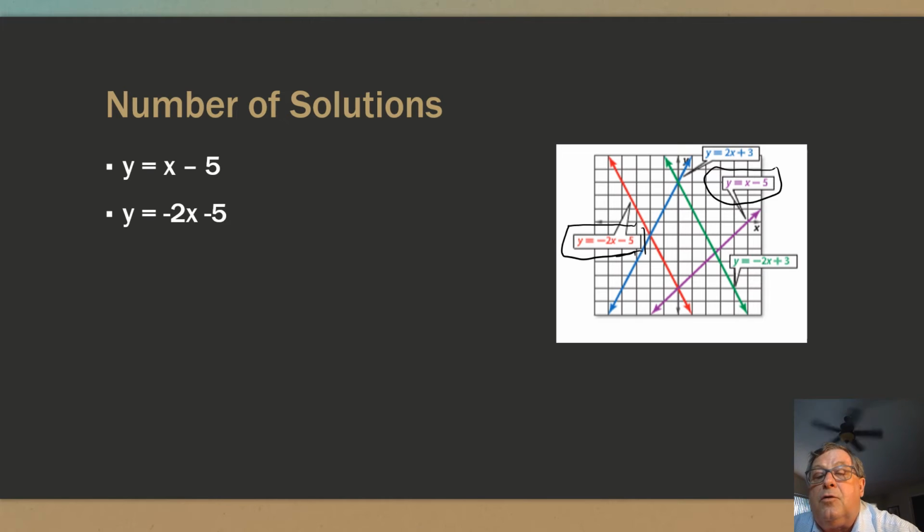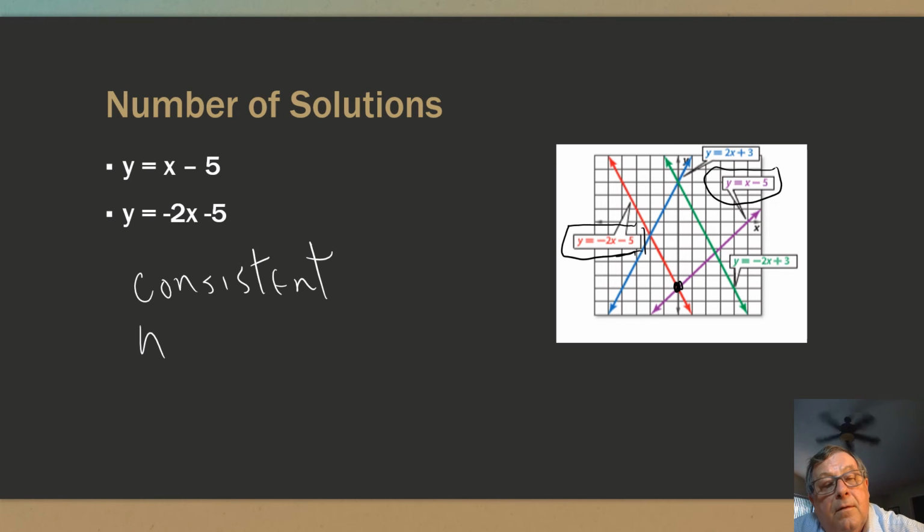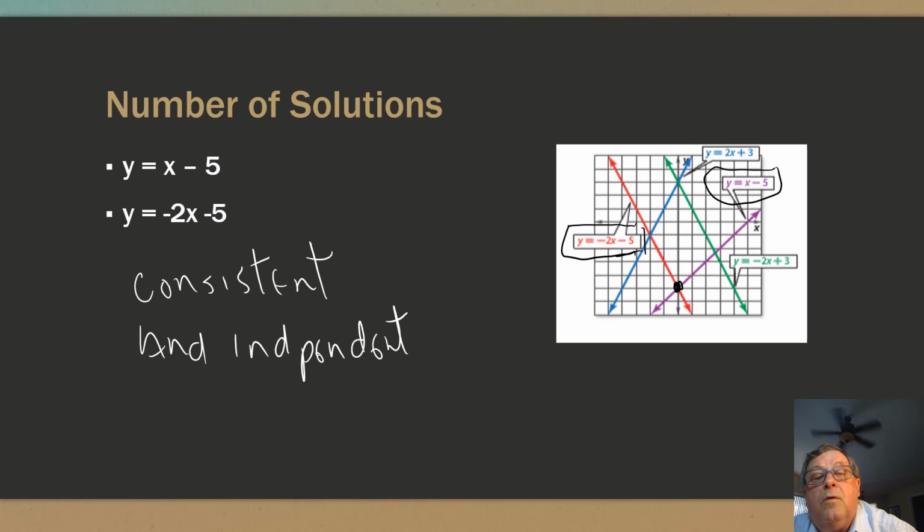And if I look at the two graphs, the red line and the purple line, I see that there is a point of intersection right down here. And therefore, they are consistent and independent. And just out of curiosity again, what is our solution?